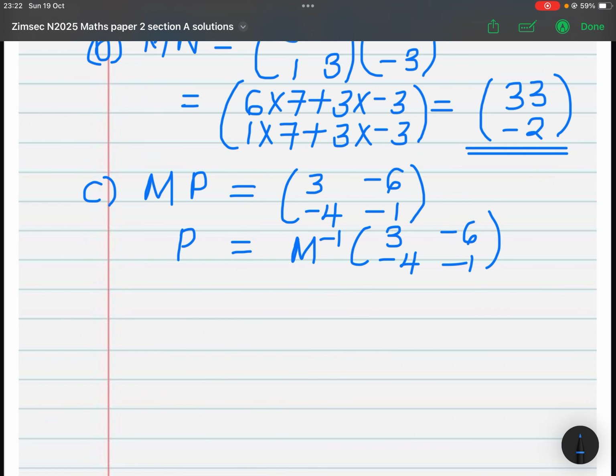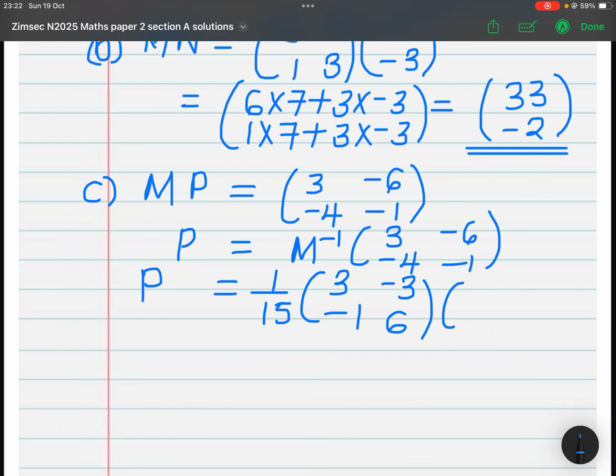And then after that, we say P is equal to, we obtained the inverse as 1 over 15 times [3, -1, -3, 6]. And then we are going to multiply by [3, -4, -6, -1].